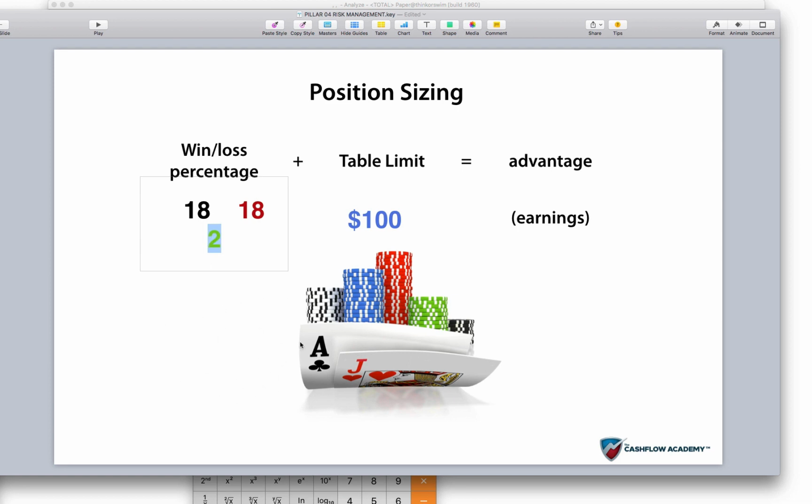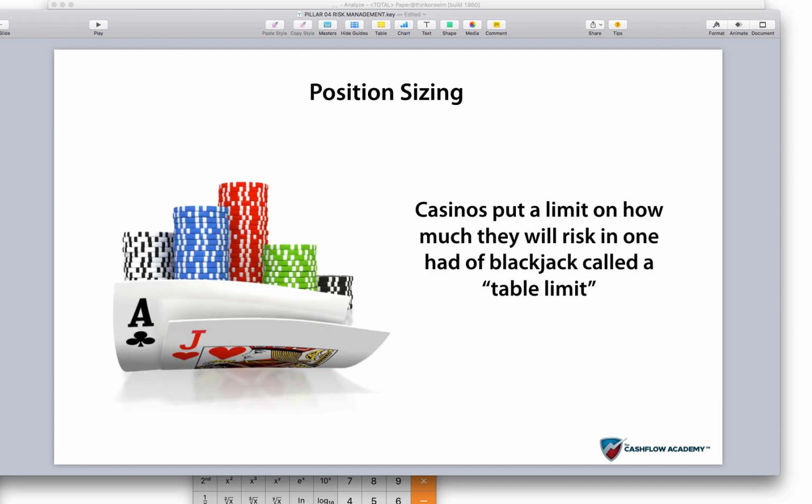Same thing, double down, double down, double down, double down. But because they put that table limit on there, you can't do it in roulette. You can't do it in blackjack. A limit manages the risk of the casino, in short. A limit manages the risk of the casino. Very, very important. So maybe you have a 2% tolerance or whatever.